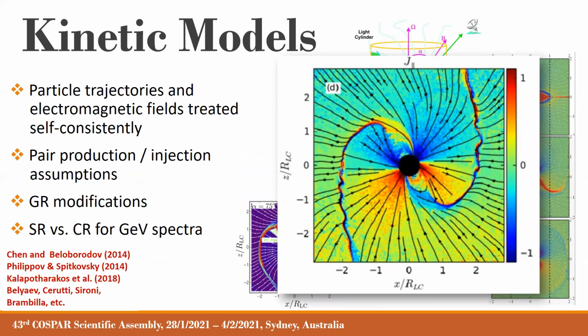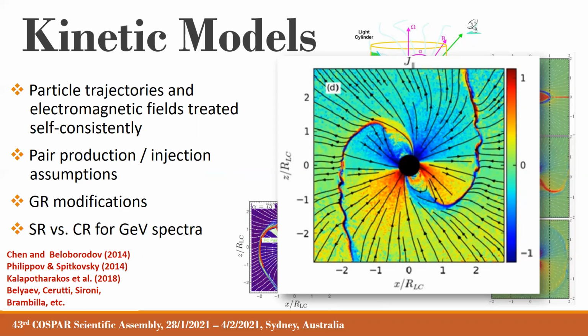And the kinetic models or particle-in-cell models, they treat particle trajectories and electromagnetic fields self-consistently. So they take into account feedback of the motion of charges onto the fields and the fields' effect on the charge motion. So in some of these models, we have pair production and injection assumptions, well, basically in all of them.